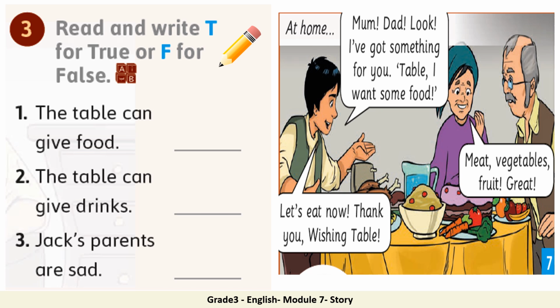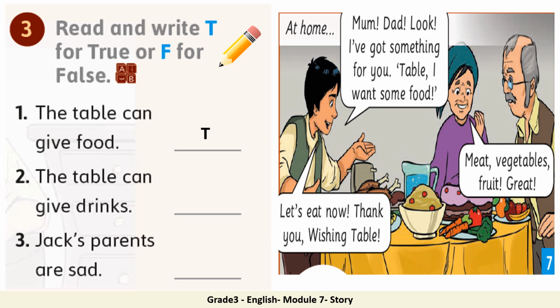Now pause the video and answer this activity. Well, was it easy? Great! Now check your answers. The answer for question number 1 is excellent, true, because Jack asked the table for some food and it gave him.